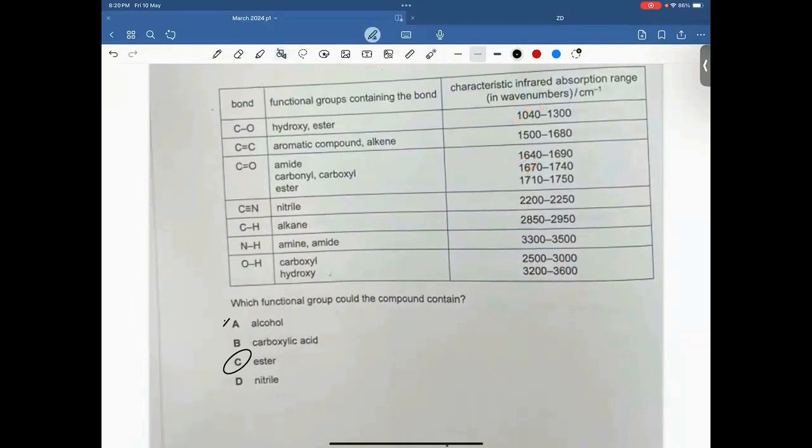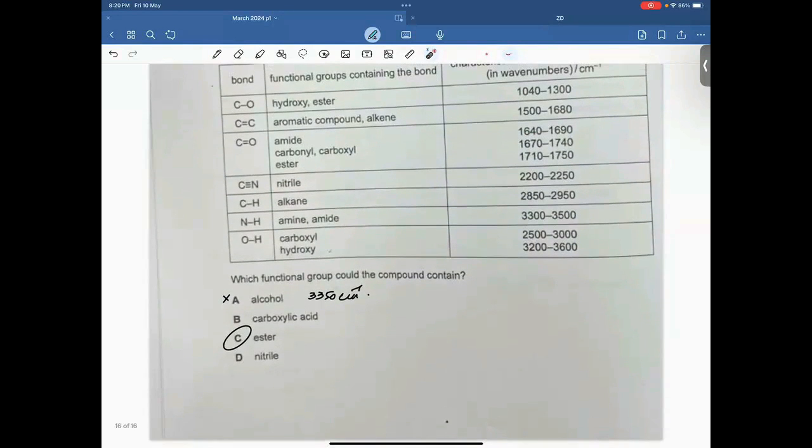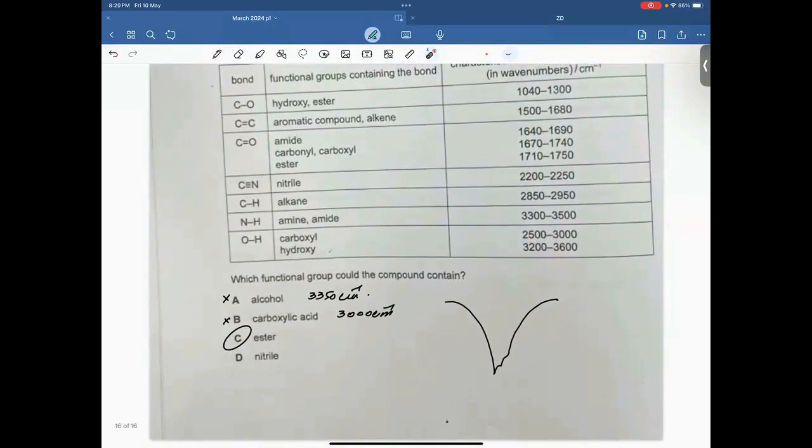Option A is absolutely incorrect because alcohol is a functional group whose peak appears at 3350 cm⁻¹, and this peak is not given in the spectrum. So alcohol should be out from these options. The carboxylic acid peak appears at 3000 cm⁻¹, but this peak needs to be very broad, and the shape has to be like that, and this shape is not given in this spectrum, which means it's not carboxylic acid.